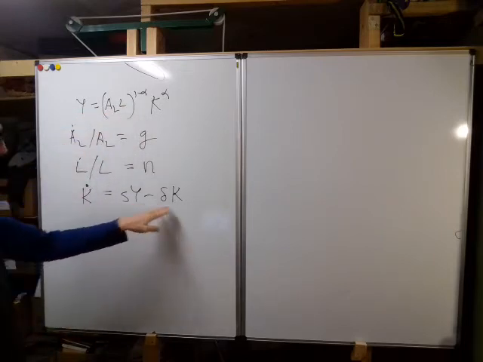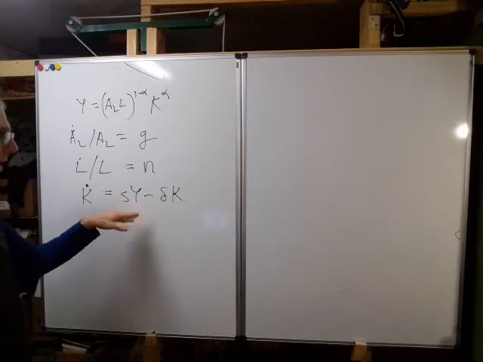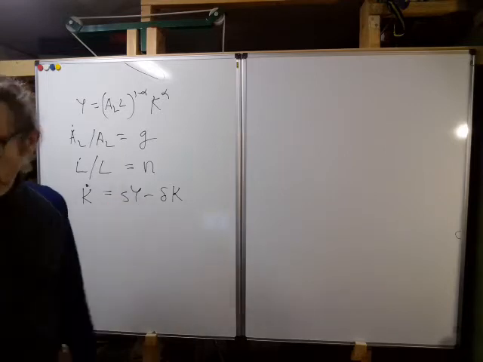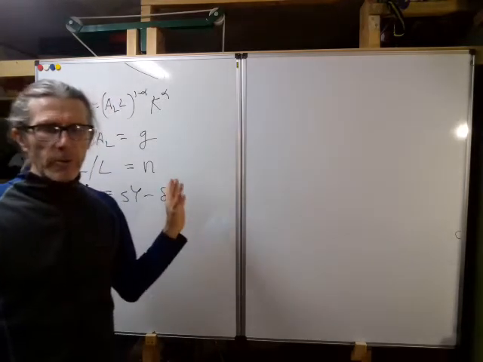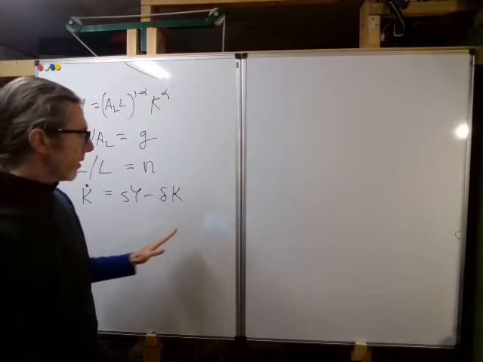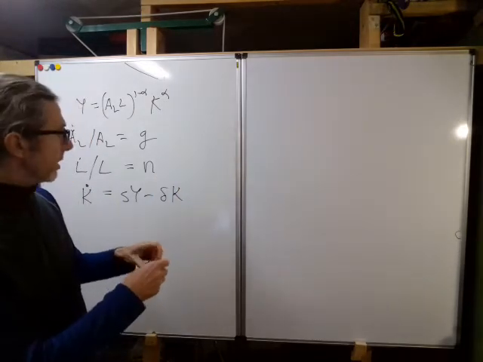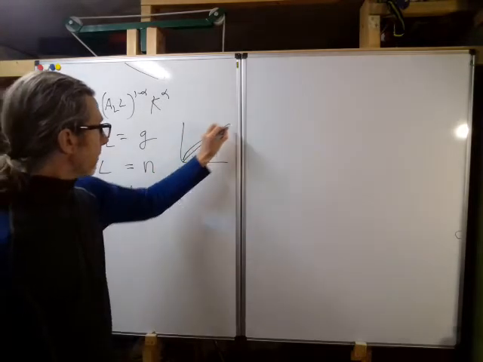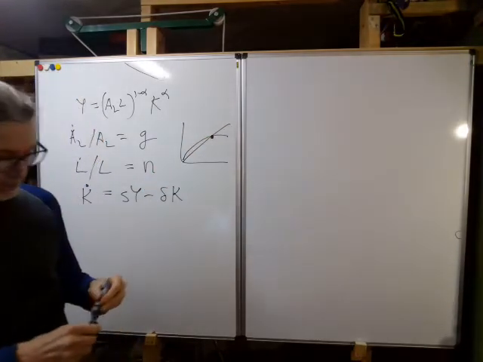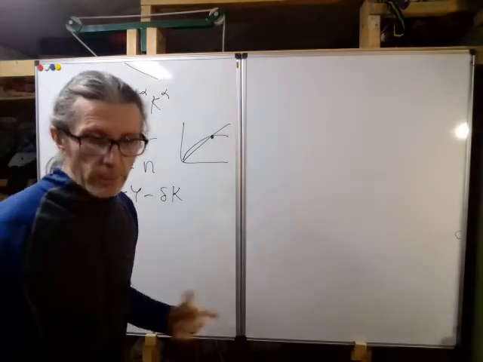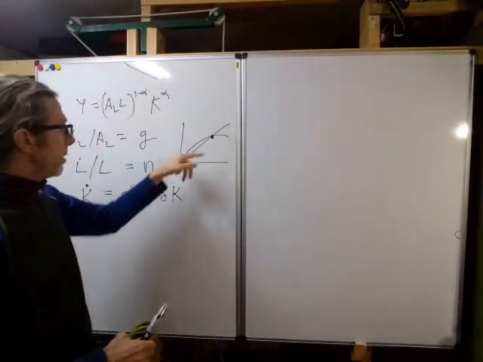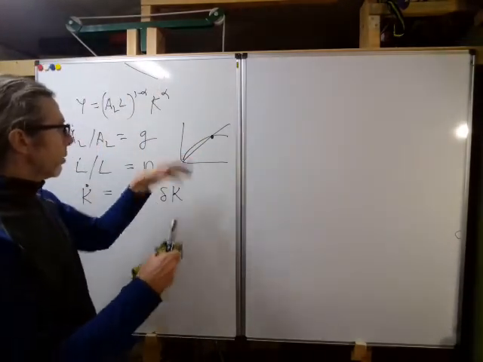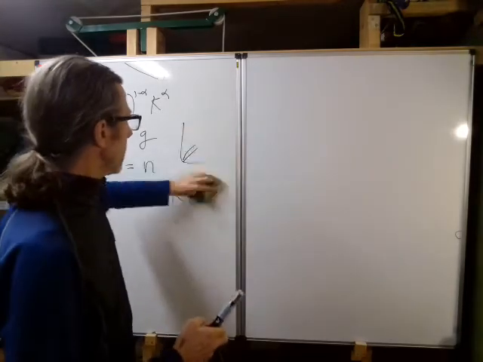If sY is less than delta K, the number of hammers will go down, and so on. You've seen this before, that we end up with a steady state. You've seen the pictures. We're going to end up here. I'm not going to take you through that, you could set up a model in MATLAB and show what happens over time. I'm not going to do that.